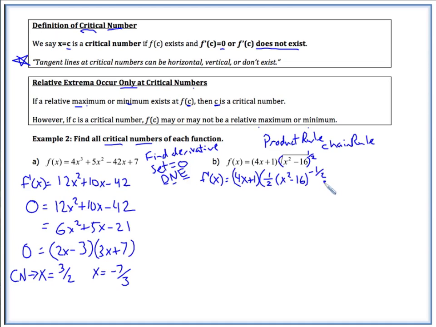Okay, and then using our chain rule, we need times the inside function, so times the derivative of x squared, which is 2x. Okay, and then we also have plus our second function, which is going to be x squared minus 16 to the 1/2 times the derivative of the first function, which is just 4.